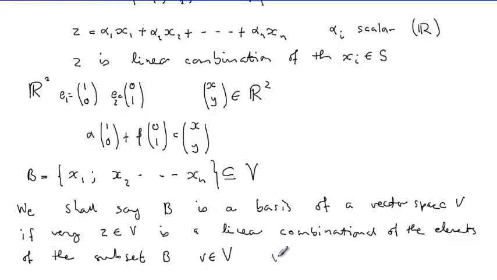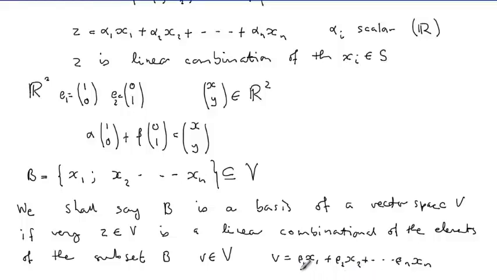such that v is equal to, let's say, beta 1 x1 plus beta 2 x2 plus dash dash dash beta n xn.